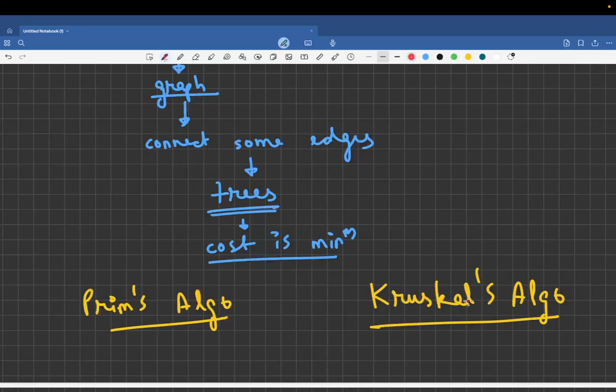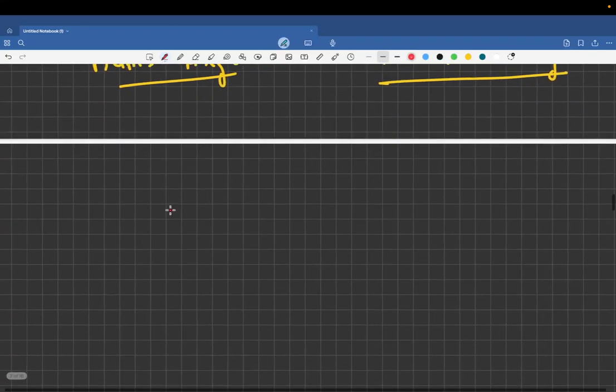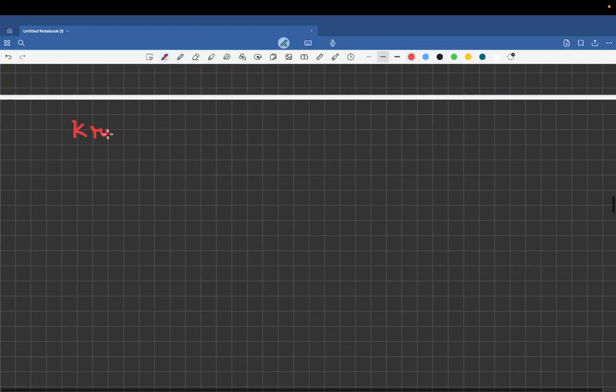But in Kruskal's algorithm, we simply sort the edges in ascending order, and we keep on taking the edges as long as an edge does not form a cycle. For this particular question, I am going to discuss Kruskal's algo. In other questions, if MST is required, I will discuss Prim's algo as well. Okay. So let me just proceed with Kruskal's algo for this particular video.